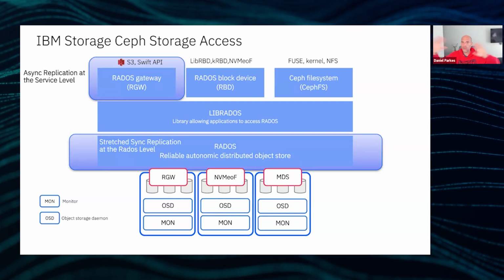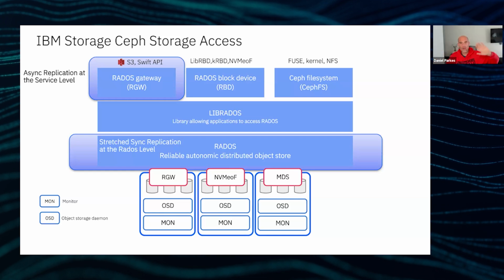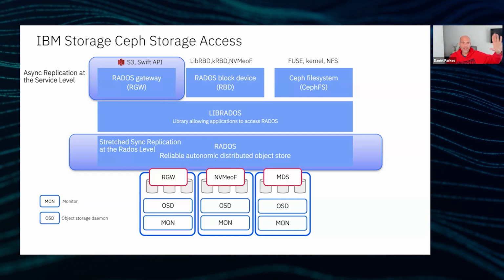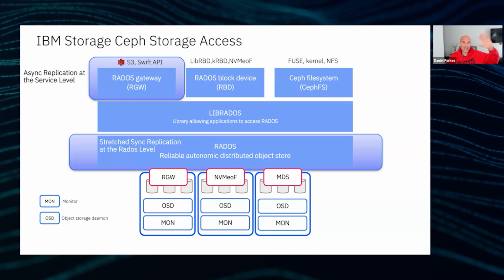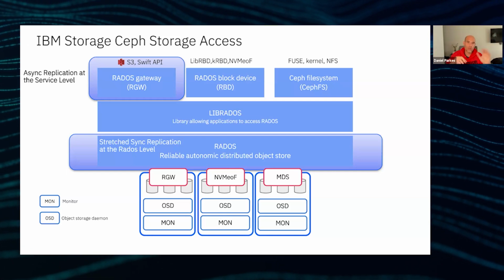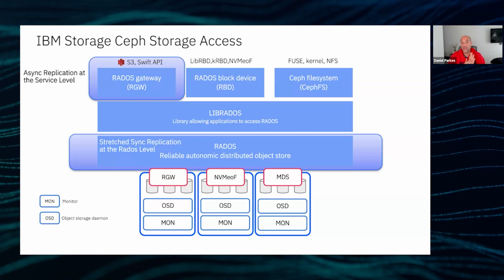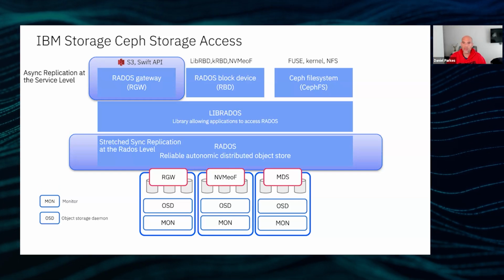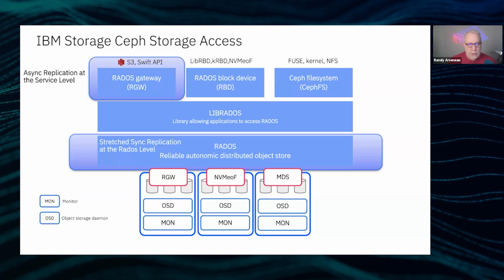They have two sites, two full Ceph clusters. One is actually serving all of the data to the clients. If they have an issue in that data center, they just have to change the load balancer, point to the DR side, and get everything up and running for their object storage really quickly, as an example.